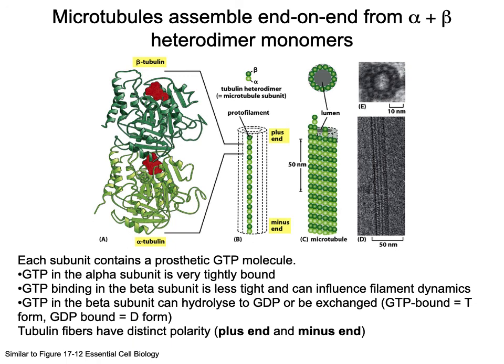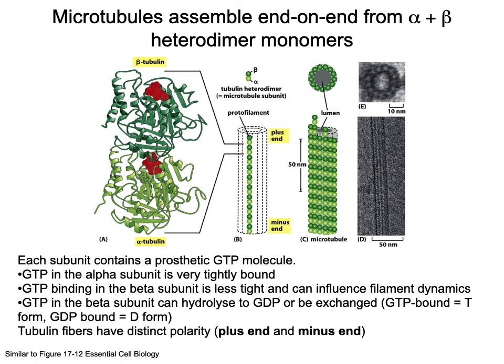And then there's a lumen in the middle. The other important property of microtubules is that they have a polarity. They have a plus end and a minus end. As you can see in panel B, we have the minus end marked at the bottom and the plus end up on the top.